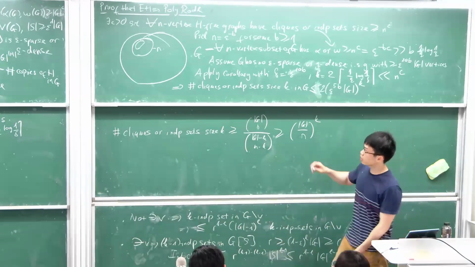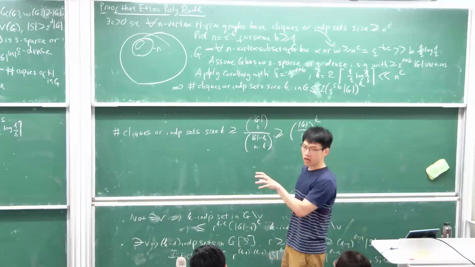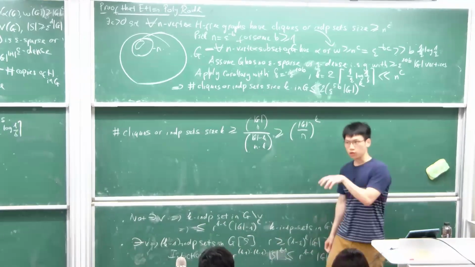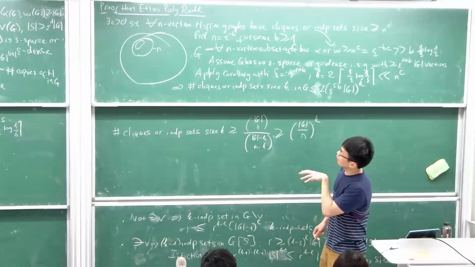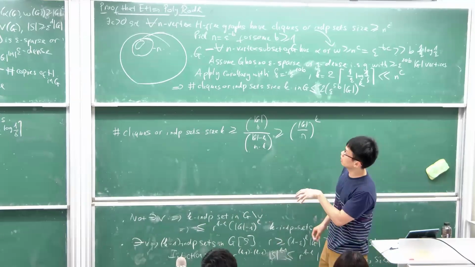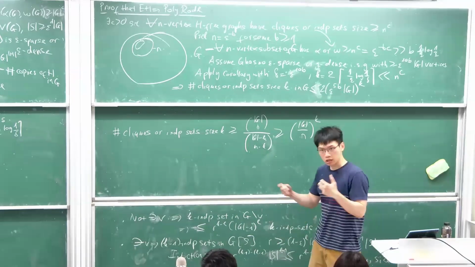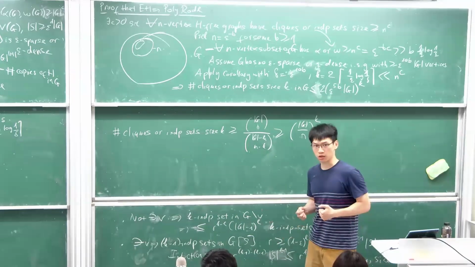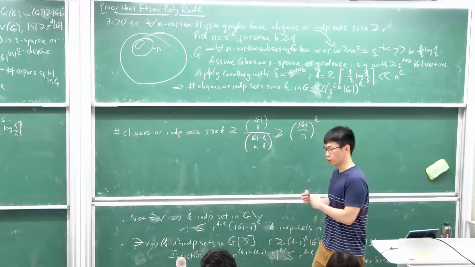The reason is that if you pick any vertex subset of size n in G, then you are going to see a clique or independent set of size k.